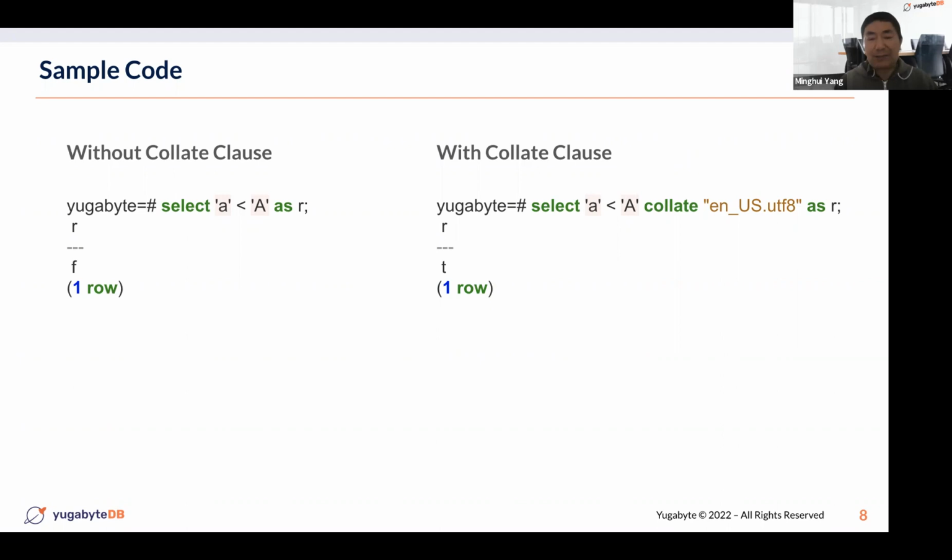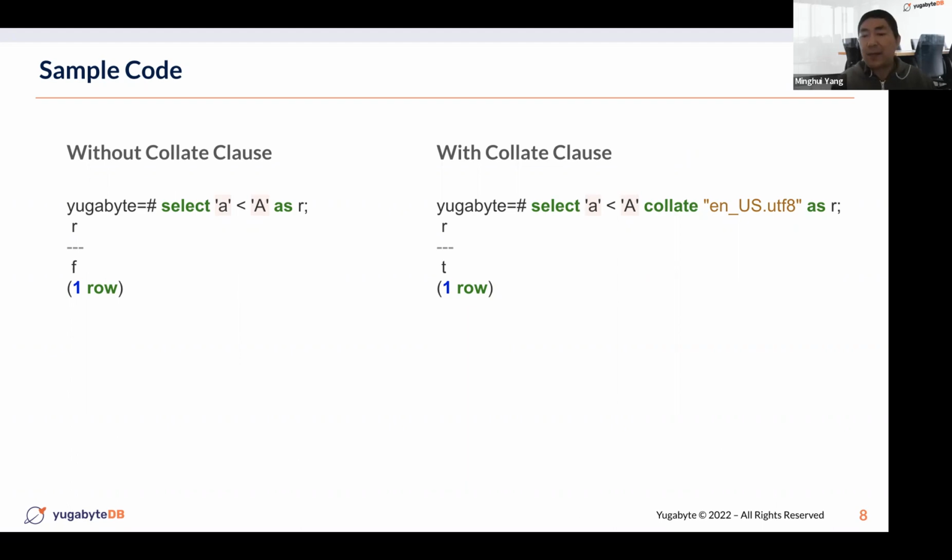As we said, the default collation is C collation, and with C collation we just compare the encoding bytes. YSQL, or Yugabyte by default, only supports one database encoding, which is UTF-8. In UTF-8, if you look up the encoding map, lowercase a is 97 and uppercase A is 65. Essentially they're ASCII codes, and that's why this expression evaluates to false.